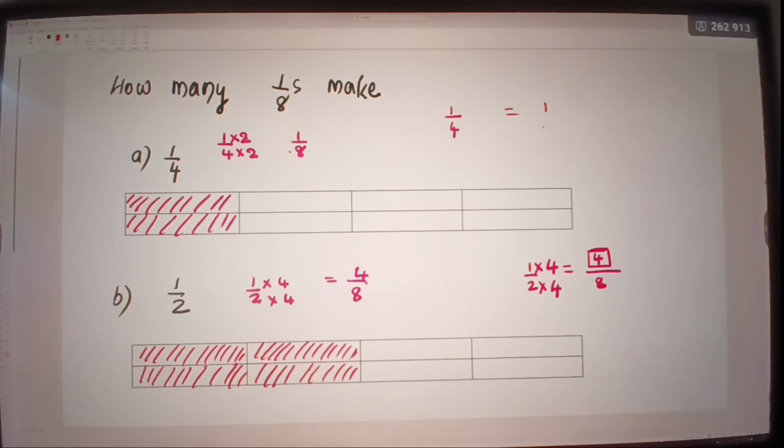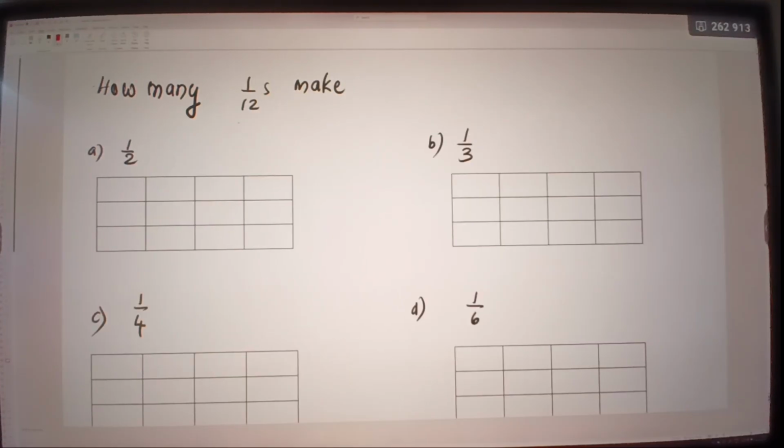How do you get to 8? So the numerator is unknown. So 4 times 2 is 8, and 1 times 2 is 2, so you want to shade two boxes. How many 1/12s make a half? So you want to do what?